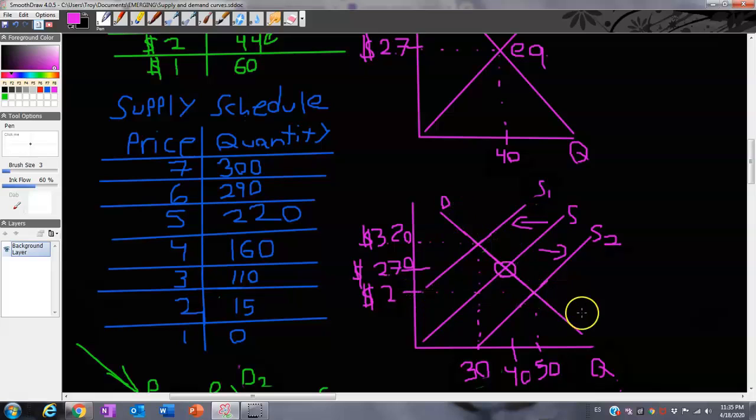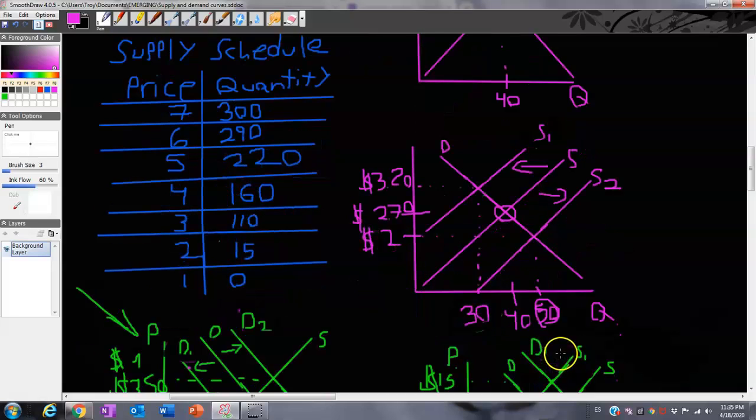Because supply is going up, it shifts to the right and demand remains the same. That means the price of the good will go down to, let's say, $2 a gallon. And of course, obviously, if prices go down, what will consumers do? They will buy more, so we get 50. I'm sorry, that totally just blocked it, didn't it? We'd get 50 gallons consumed. Okay? That's how that works.